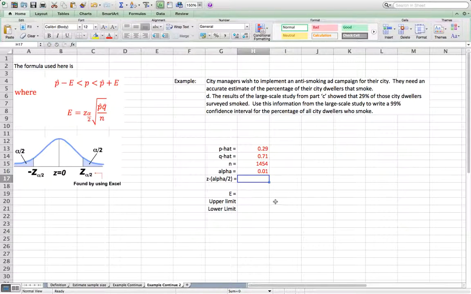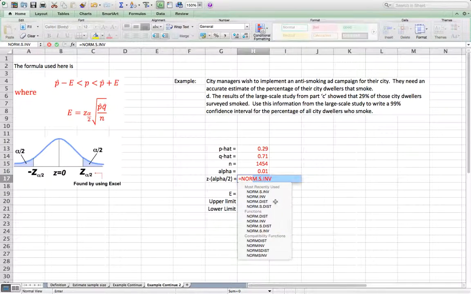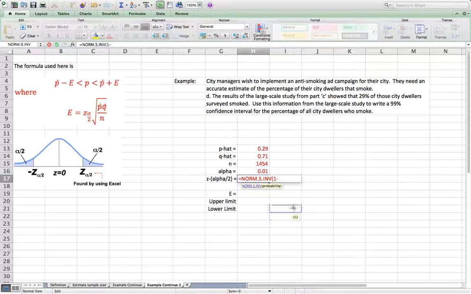And z alpha over 2 is the same thing. I use normal standard distribution inverse, and the area is on the left side of this z-score, so you need to write the area on the right tail, which is 1 minus alpha over 2, which gives you H16 divided by 2.